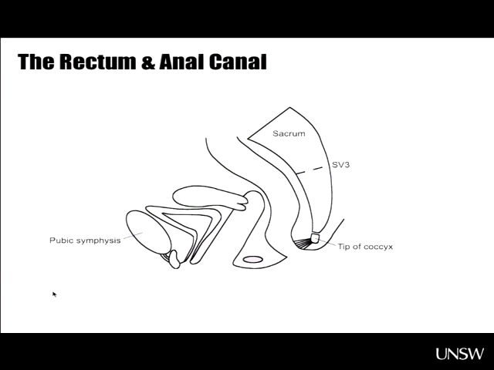So obviously we've got the sacrum at the back there, and at the front we've got the pubic symphysis. So an important defining landmark here is the tip of the coccyx. We've got, obviously this is a female, so we've got several internal organs.